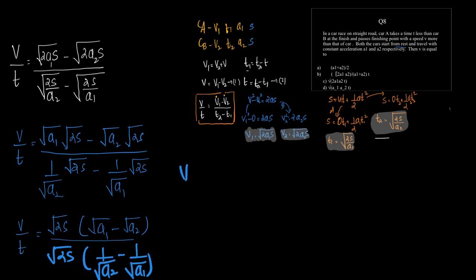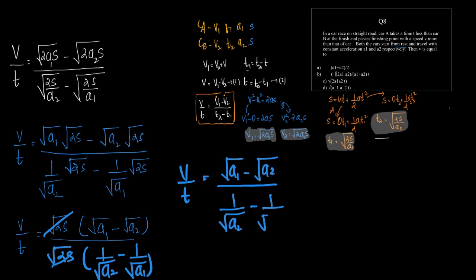So v by t is equal to, now I'll take root 2s common from the numerator as well as from the denominator. What we are left with is root a1 minus root a2 the whole upon 1 by root a2 minus 1 by root a1, since root 2s and root 2s cancel.